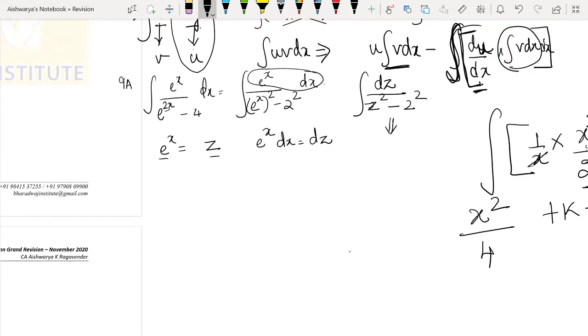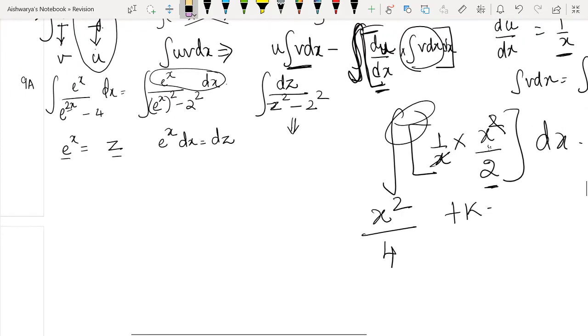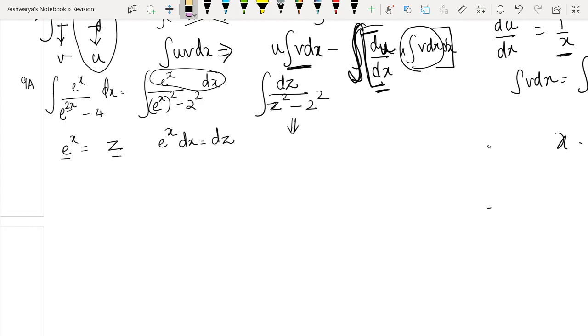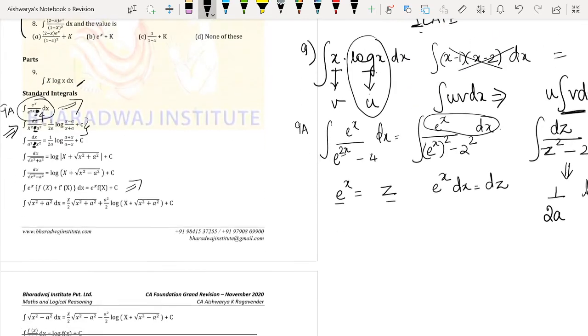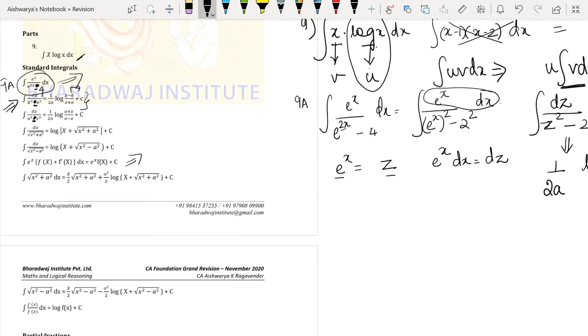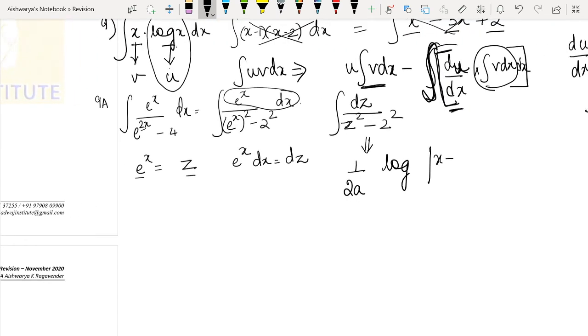So 1 by 2a log of x minus a divided by x plus a plus c.